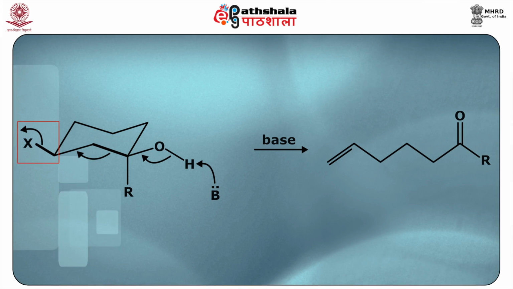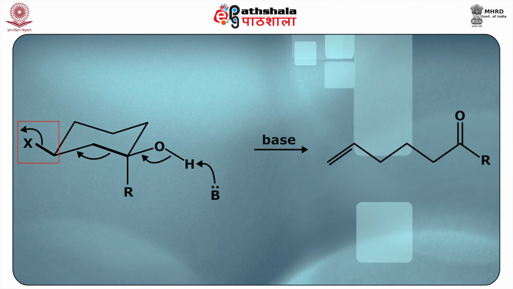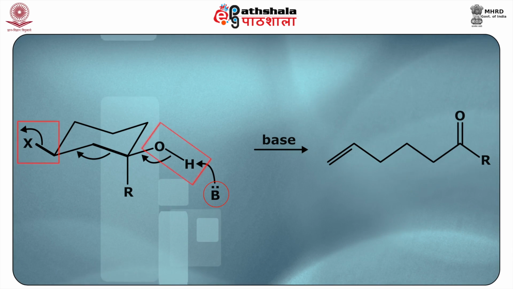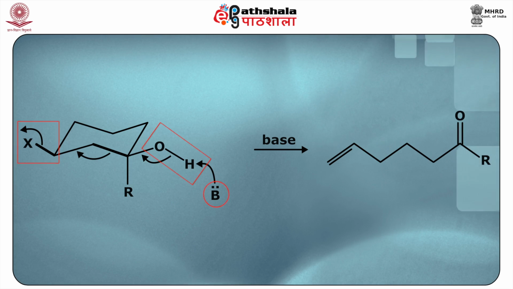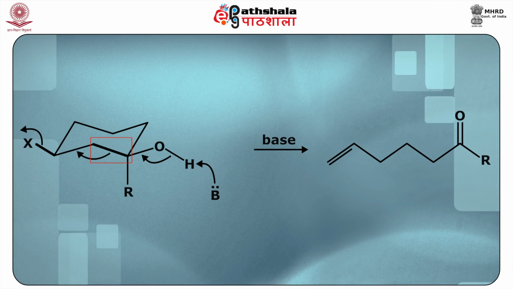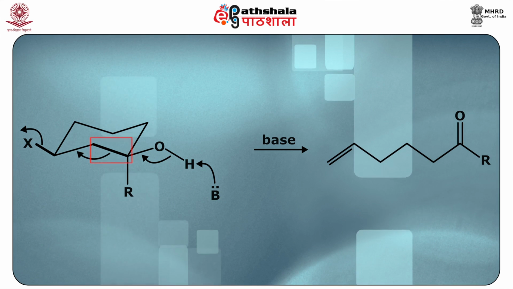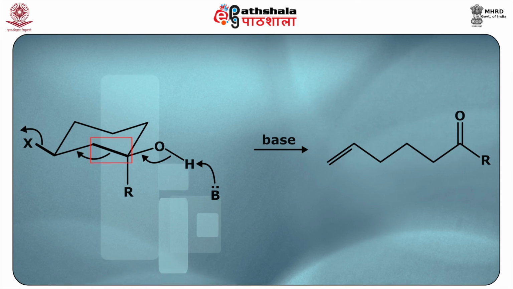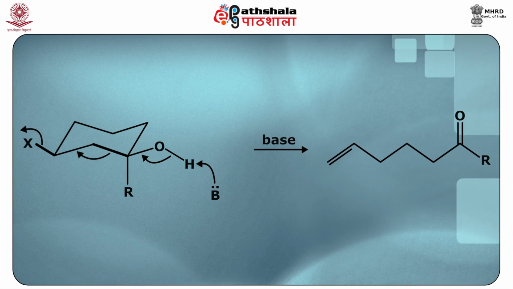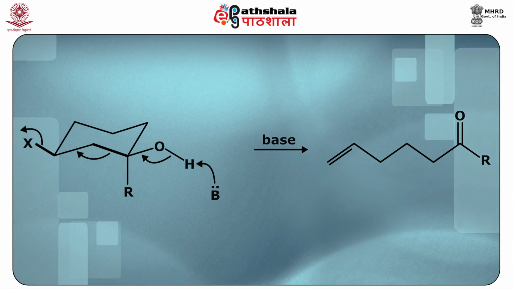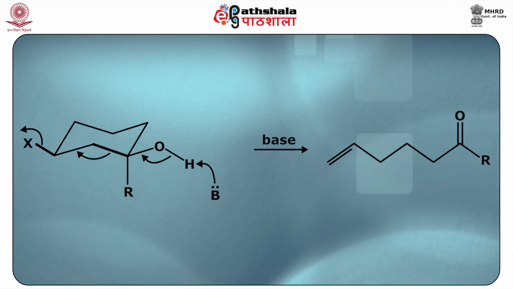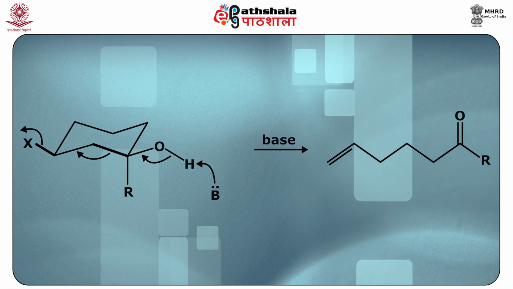When the CX bond is breaking and the bond between OH is also breaking because the base is abstracting the proton, and the C double bond C bond, as you can see it is a highlighted bond, this has to be anti-periplanar, and this reaction ultimately leads to the ring opening only if this kind of stereochemistry or the proper reactant orientation is present.